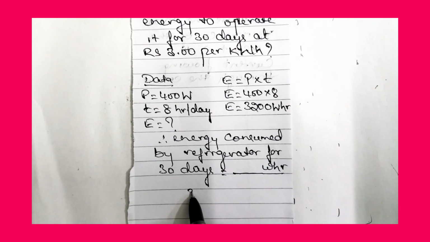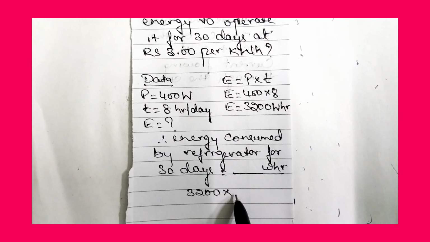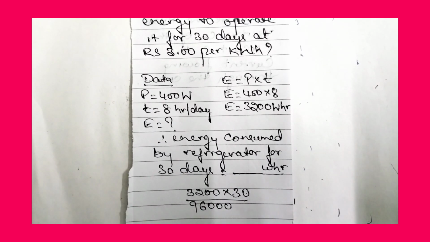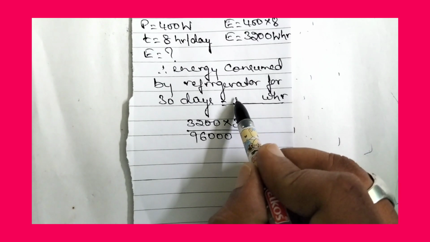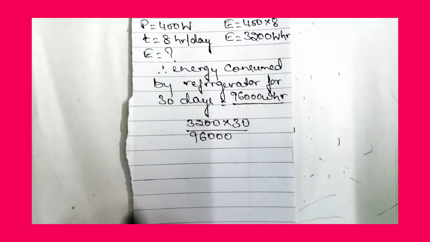So one day 3200 watt hour into how many days? 30 days. So therefore in 30 days it consumes 96,000 watt hour of energy.